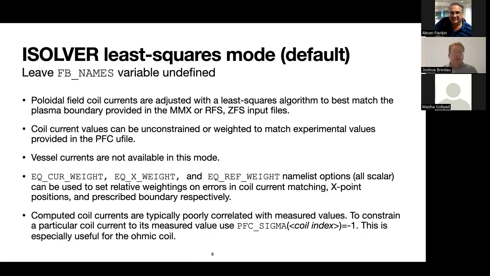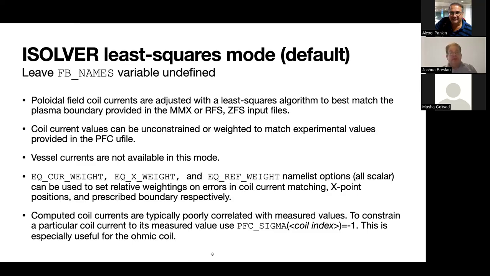The poloidal field coil currents are adjusted, as I said, using least squares minimization to best match the plasma boundary provided in the input equilibrium files, which again would come from U files or possibly an IMAS database. In this case, you can either leave the coil current values unconstrained, or you can put a weight on the errors from matching experimental values that can be provided in a PFC U file. And vessel currents are not available in least squares mode.